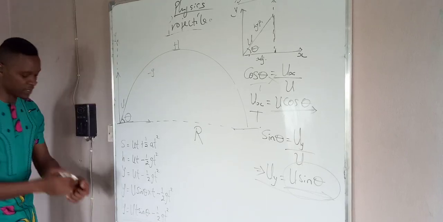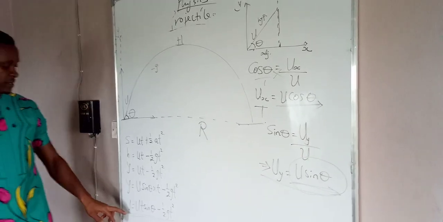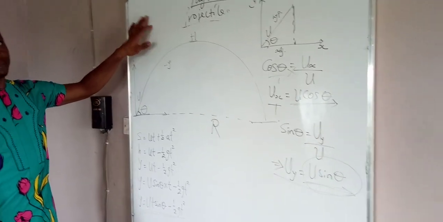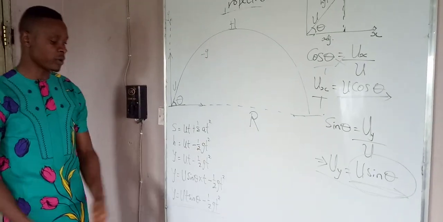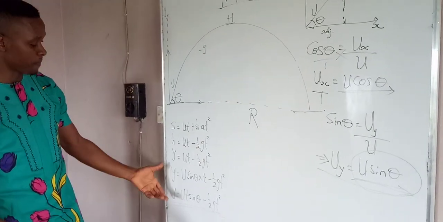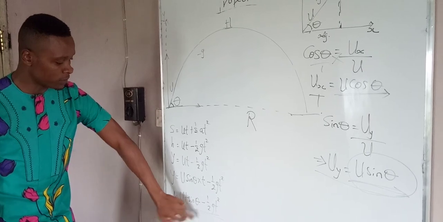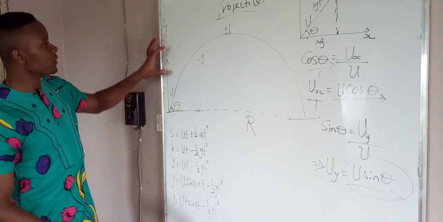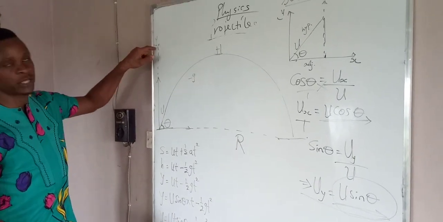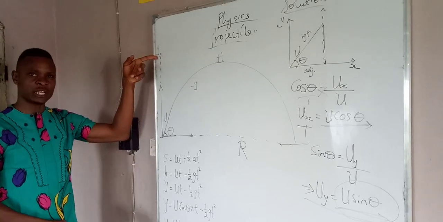So this becomes the height the body will get to as we run off the equation of motion. This becomes our equation of motion for the object with respect to y direction.